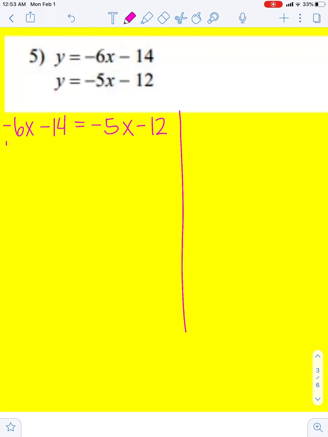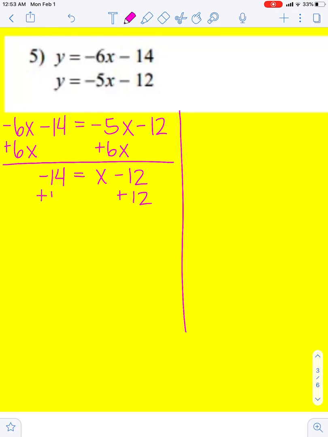So I'm going to add 6x to both sides to undo that negative. That'll give me negative 14 is equal to x minus 12. I'm going to add 12 to both sides, and I will get that negative 2 is equal to x.